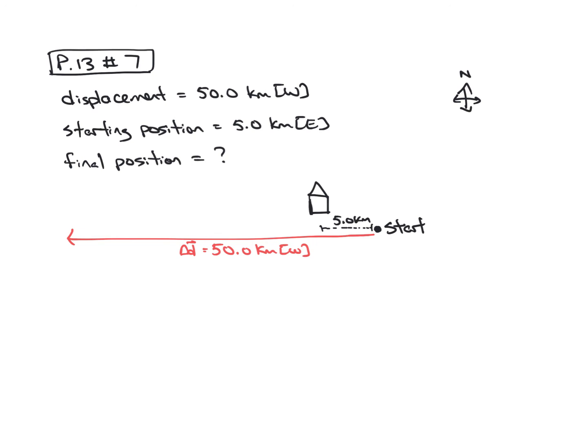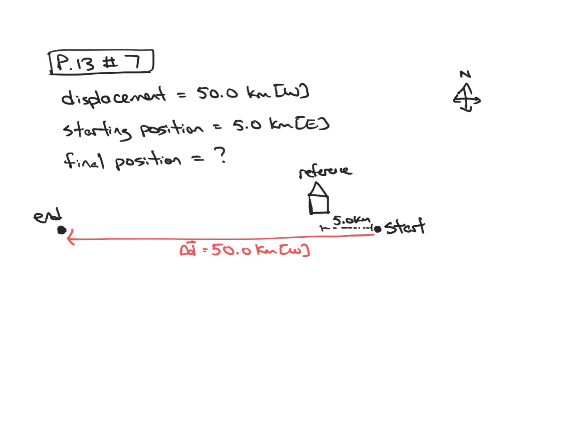The question is, where do they end up? And I'm assuming that they're asking us, where do they end up compared to the house? Compared to the house or the reference spot.